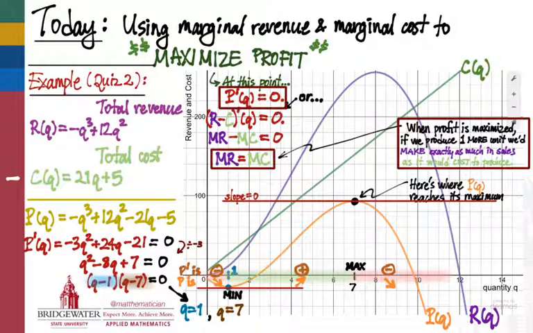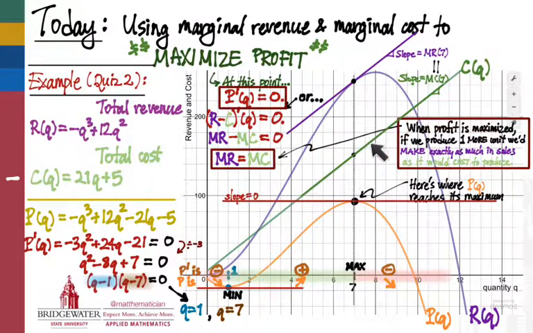And so at that point, it doesn't make sense for me to increase my production because I'm not going to get any extra profit out of it. It also doesn't make sense for me to decrease because the amount that I would save in costs, I would lose in revenue. So when I'm maximizing my profit, marginal revenue and marginal cost are equal to one another. On a graph, that means that the slope of the revenue graph, that would be the slope of this purple tangent line here at my optimum point, and the slope of my cost graph, that's the slope of this green line here at my optimum point, are the same.